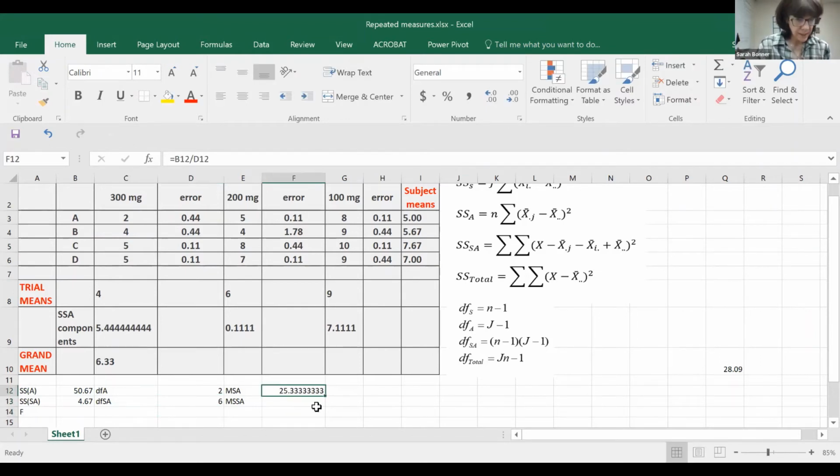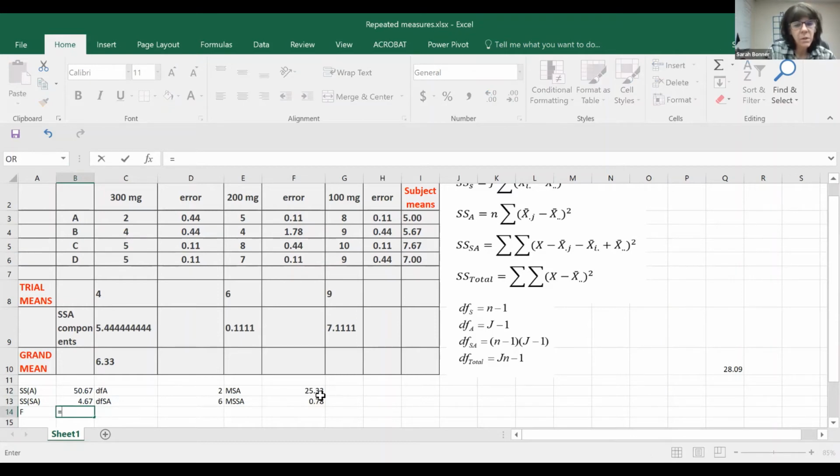Our mean square SSA is going to be 4.67 over 0.77. I'm going to get rid of some of these decimal places because they're ugly to look at, and also a degree of precision we don't need. And our F ratio here is the mean square A divided by the mean square SA.